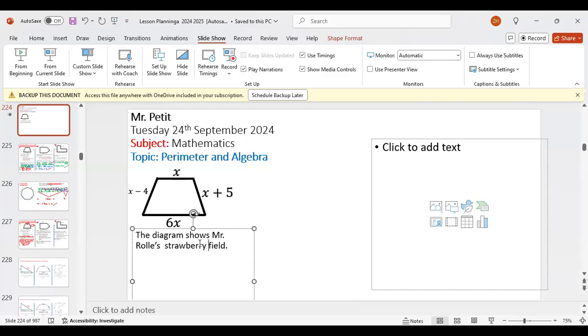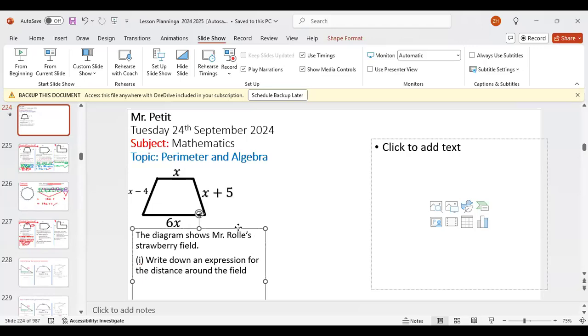So the diagram shows Mr. Rule's strawberry field. The first thing we want to do is write down an expression for the distance around the field.